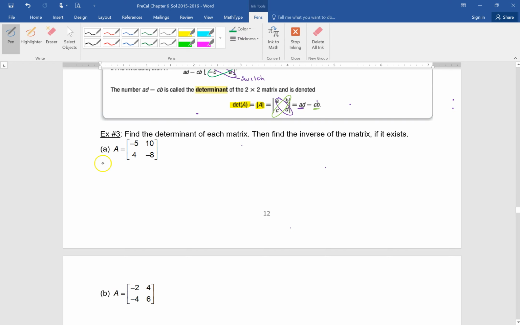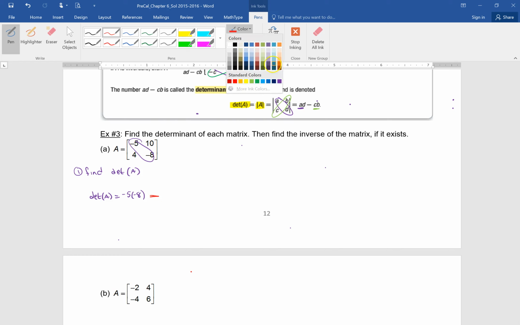All right, so first here we're going to find the determinant. You take the first diagonal minus the second diagonal.